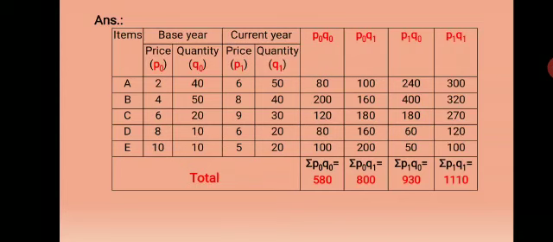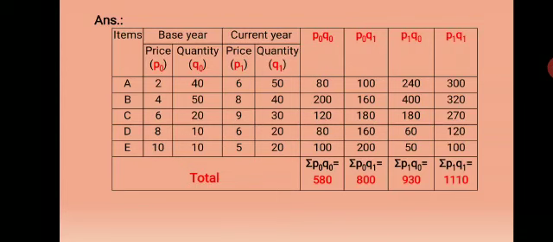In the solution, the base year price is denoted by P0 and base year quantity by Q0. Similarly, the current year price is denoted by P1 and current year quantity by Q1.